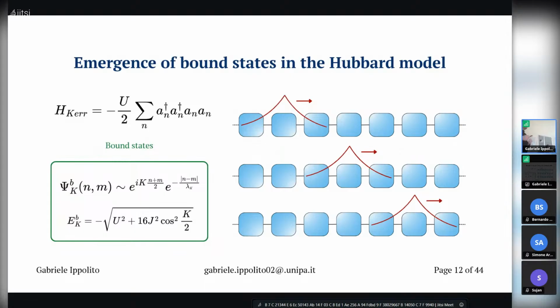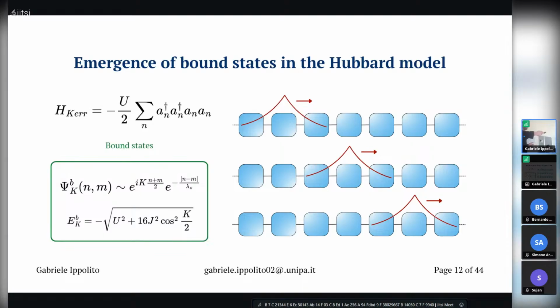And this is interesting because in the Hubbard model, what we call bound states refers to two photon states in which the two photons are exponentially localized around each other and propagate together along the chain.